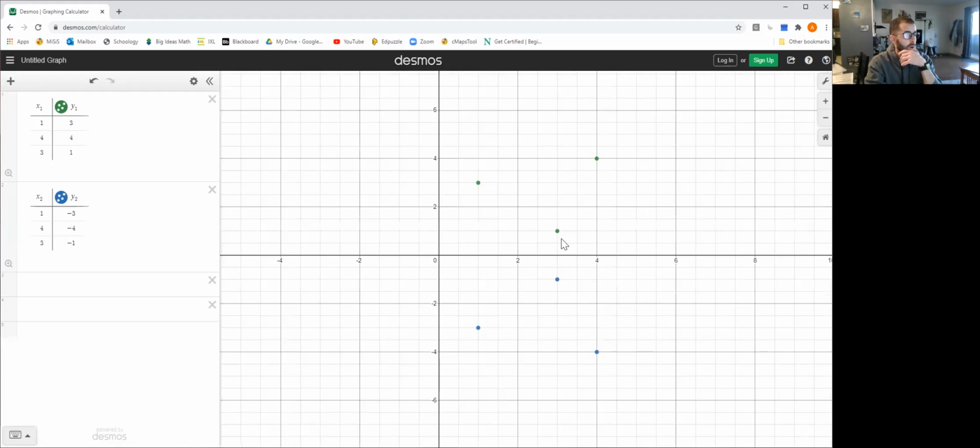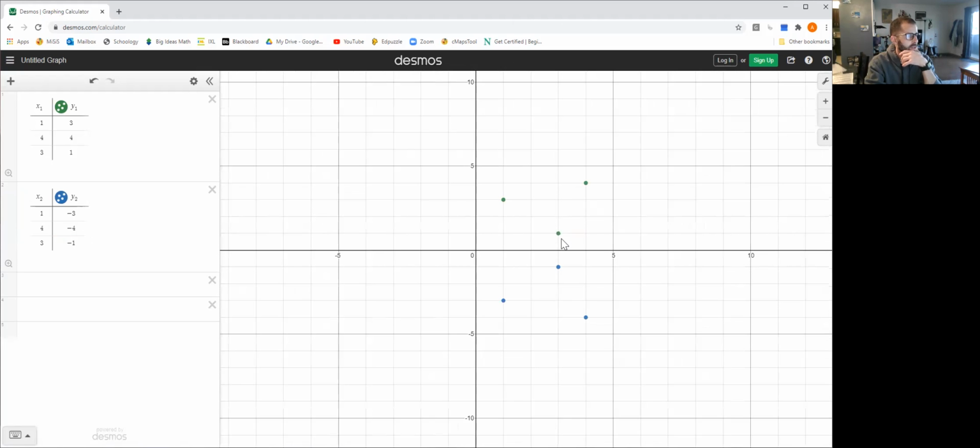So let's go out so that every box is 1. There we go. So this point is 1 above the x-axis, so its image should be 1 below the x-axis, reflected over the x-axis. This point is 1, 2, 3, 4 above, so its image should be 4 below.